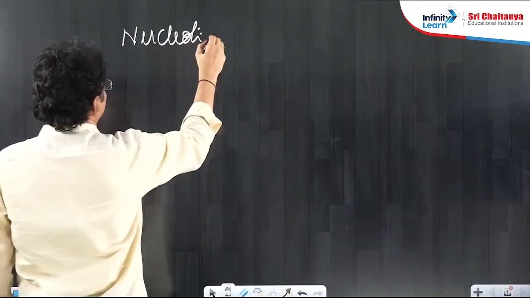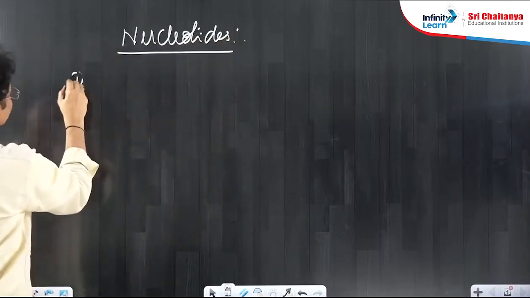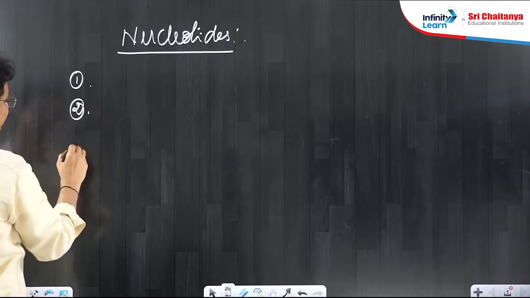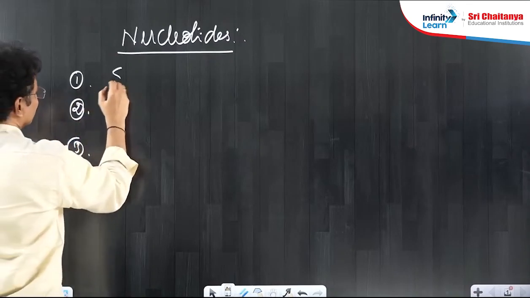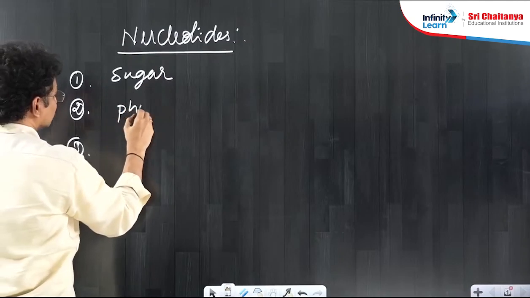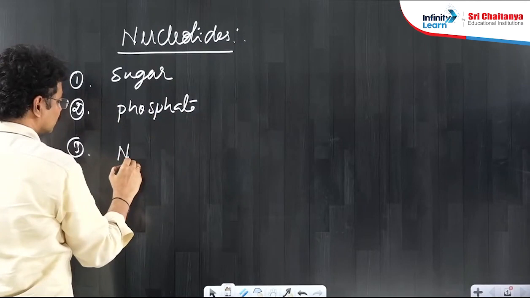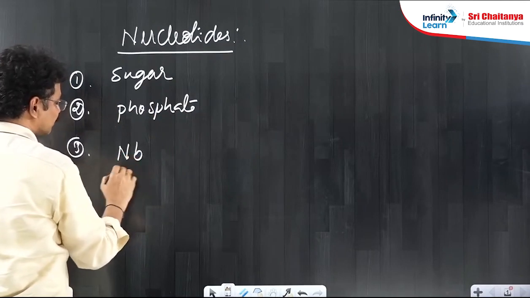Chemical composition of nucleotides. Every nucleotide is made up of 3 chemical constituents. One is the sugar, second is the phosphate group, and another one is the nitrogen base, short name NB.